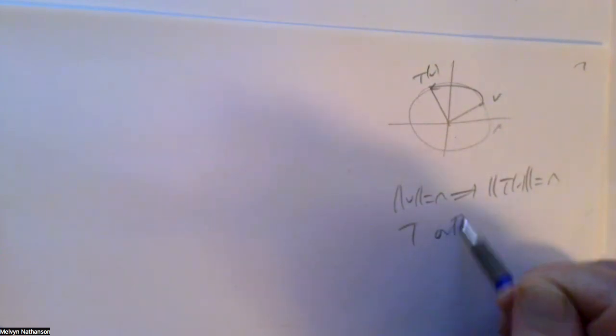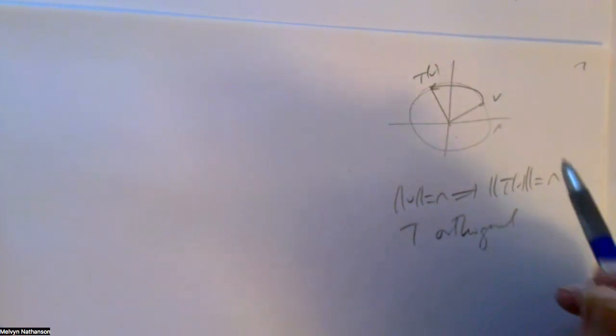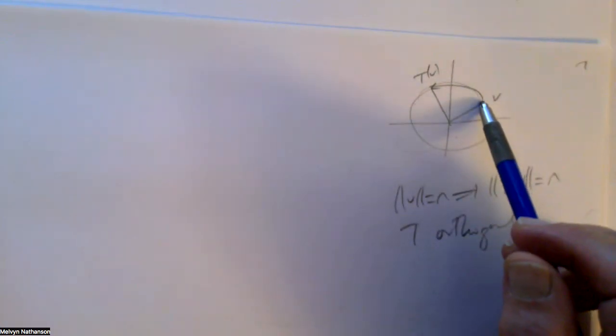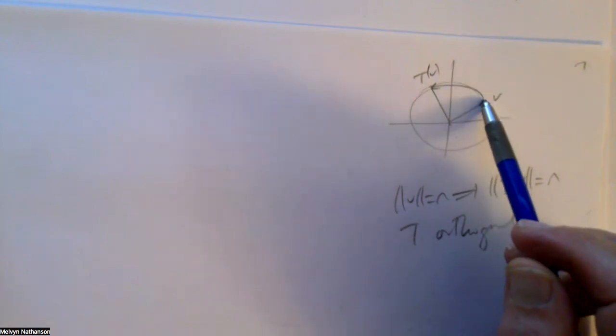All it can do is move it around the circle, because if the length of v is r, then the length of T of v is r, if T is orthogonal. So orthogonal operators move vectors from one place in the vector space to another, but they always stay the same distance from the origin. The length doesn't change.